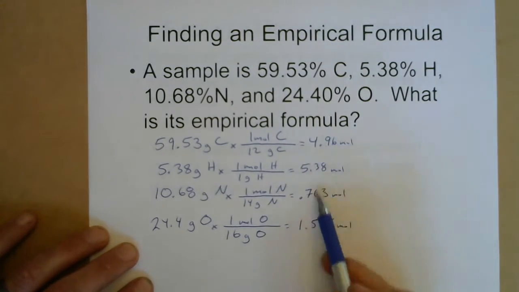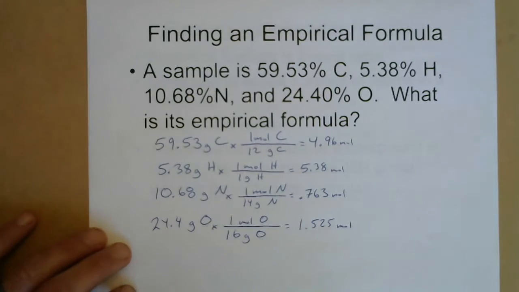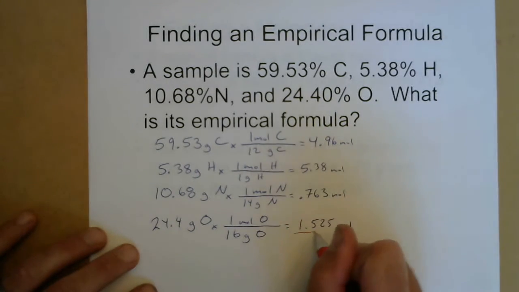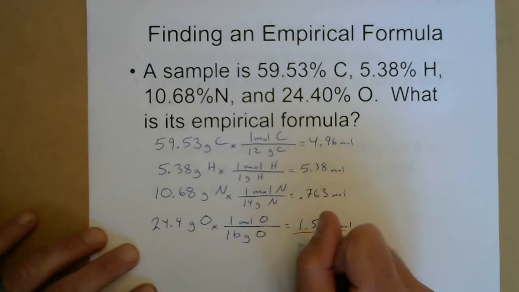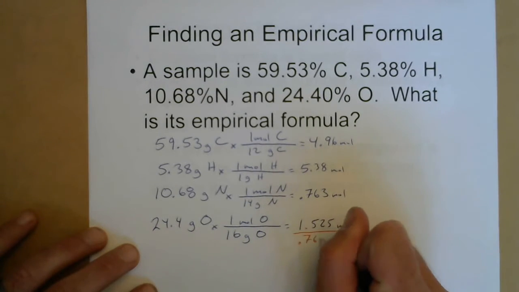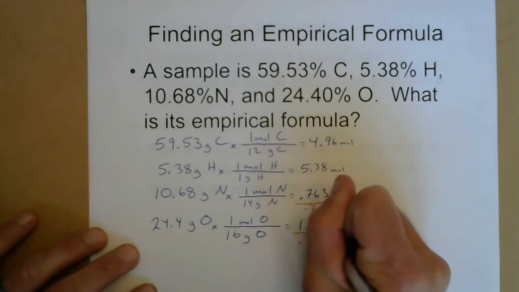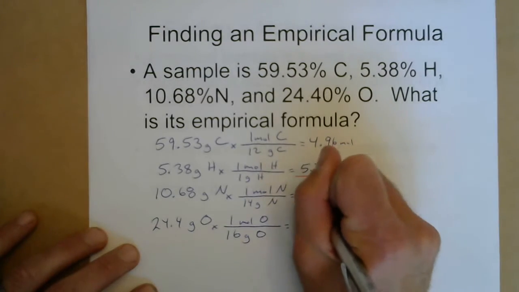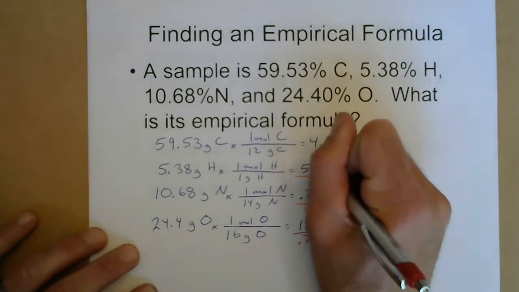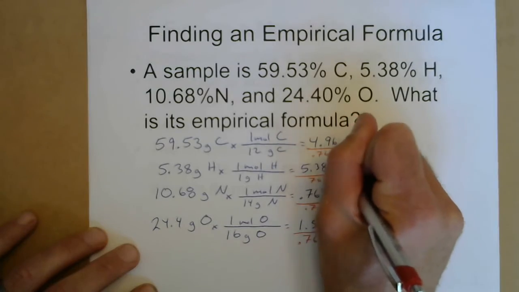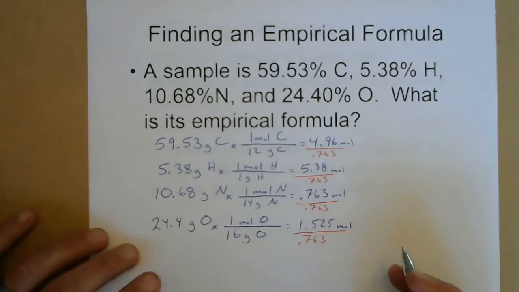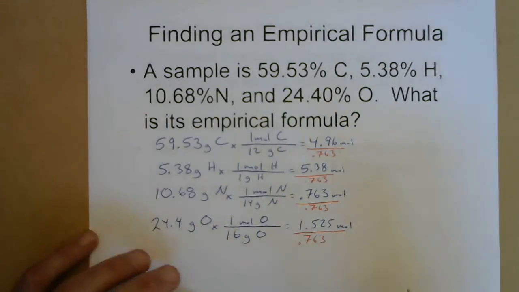But we can't leave our formula like this. We need to get it in a whole number ratio. So just like before, the easiest way to do this is divide by the smallest number. So we'll divide them all by 0.763. Right? So we keep the ratio the same by dividing them all by the same number.